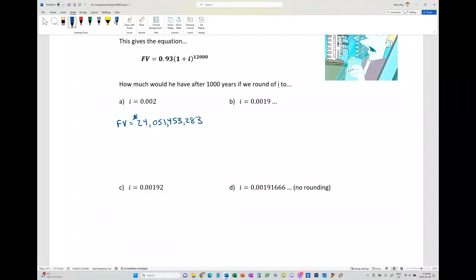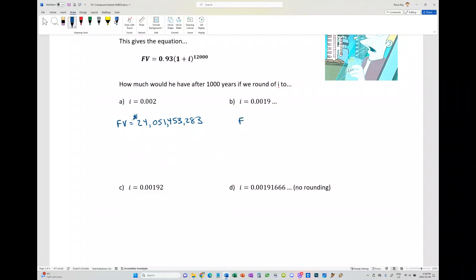Now, I will point out that we did round up a little wee bit on the interest rate. Not too much though. I mean, literally rounded 0.0019 to 0.002, which is fair rounding. But that gave us 24 billion. Now instead of that, I'm going to keep 2 significant digits. I'm going to keep the 1 and the 9. The one after that rounds down. So 0.0019, which looks like it's pretty close.